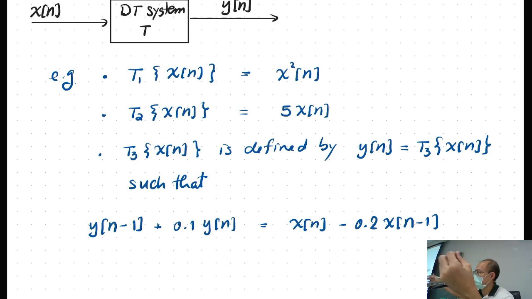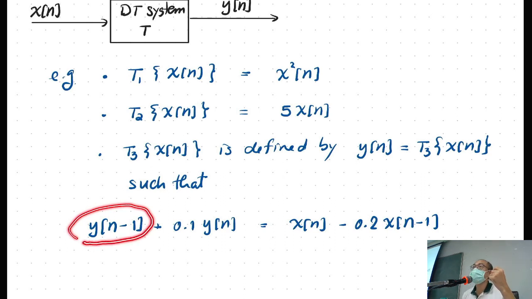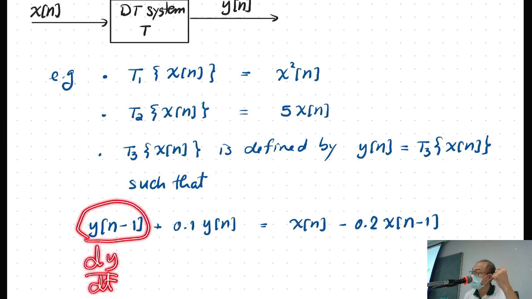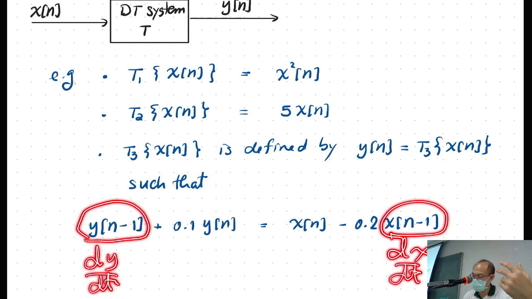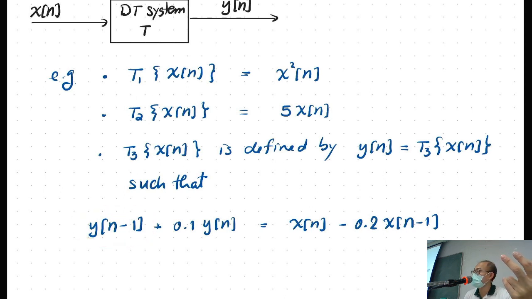in differential equations you have derivatives inside: dy by dt is equal to something, or d squared y by dt squared is equal to something. But here, we are replacing the derivative with the time shifted version of the discrete time signal, replacing the derivative notation by the shift in time notation.